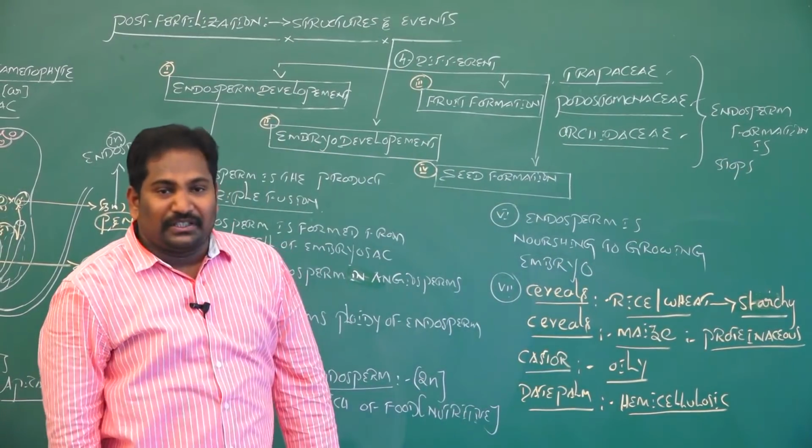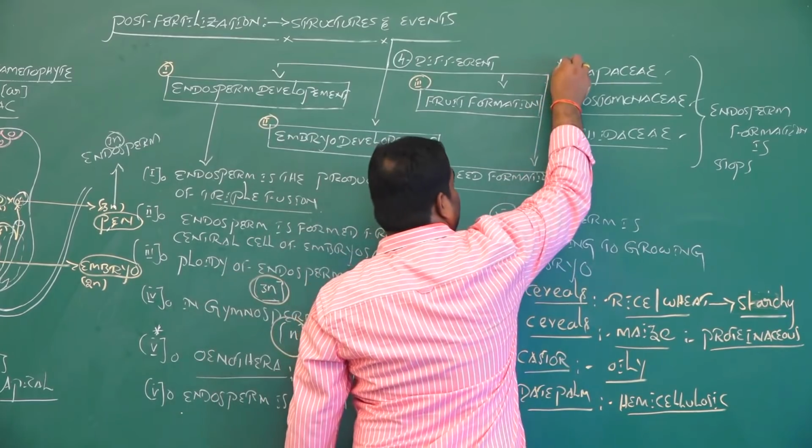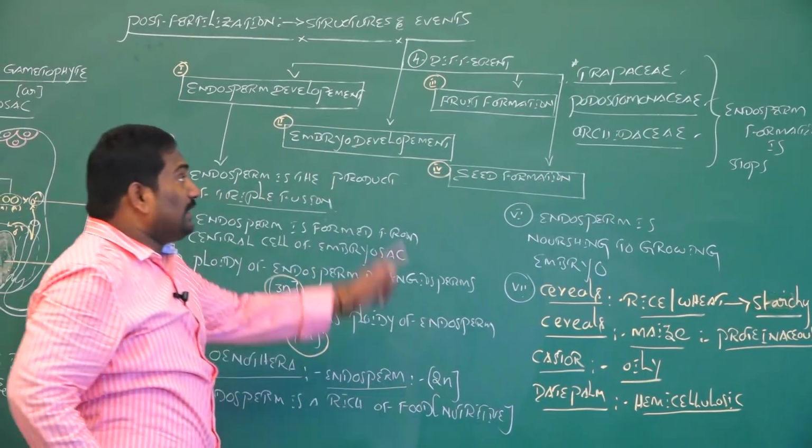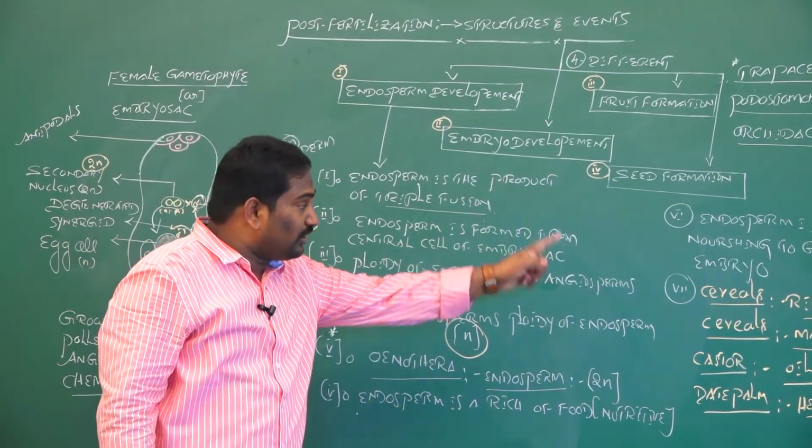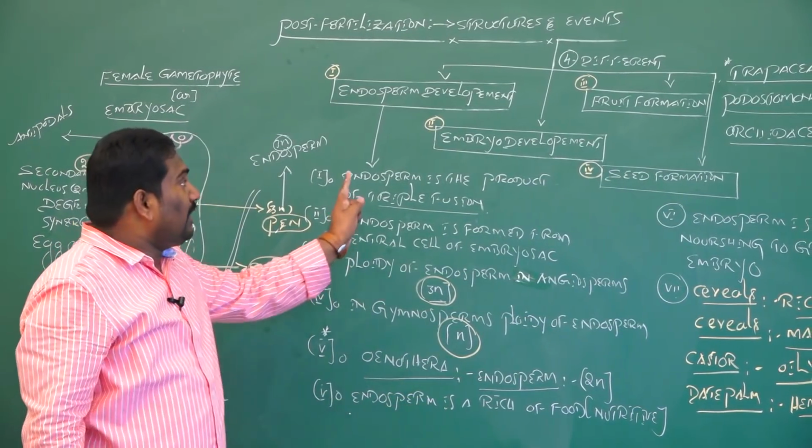In which of the following families does endosperm formation stop? Trapaceae, Podostemaceae, Orchidaceae. These are the general characteristic features of endosperm.